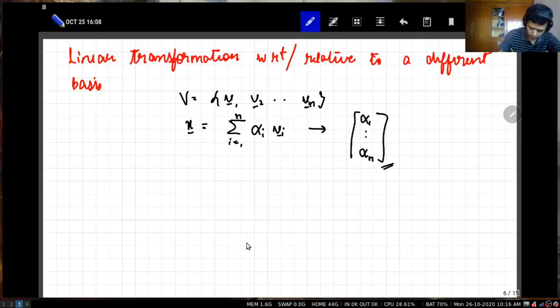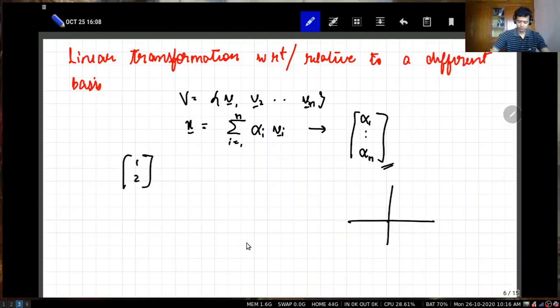So for example, this point in Rn, let's suppose that this point is say 1 comma 2, this is 1 and 2, right.